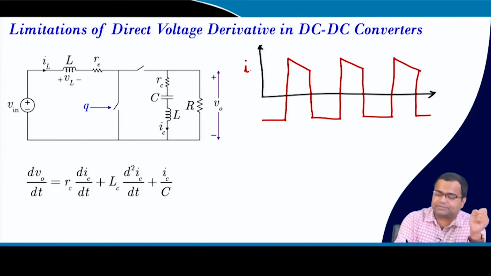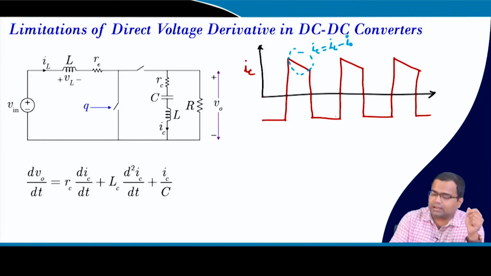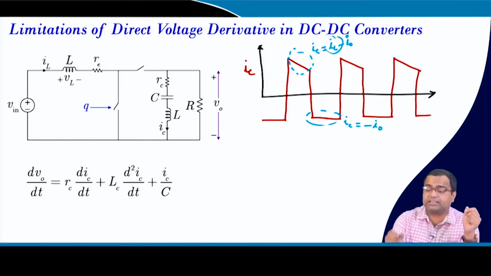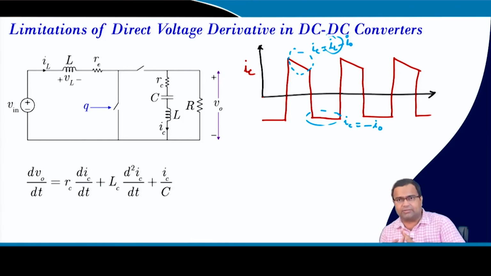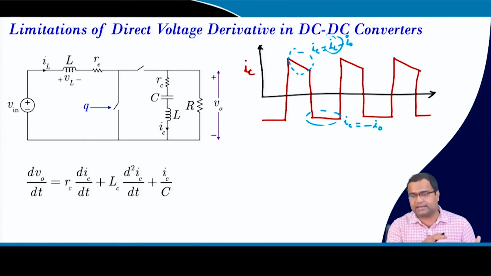So, this is my capacitor current. During this particular duration, the capacitor current is IL minus I0, and during this duration your capacitor current is simply minus I0. So, there is a discontinuity due to the inductor current, because it is getting connected during the off time and disconnected during the on time.